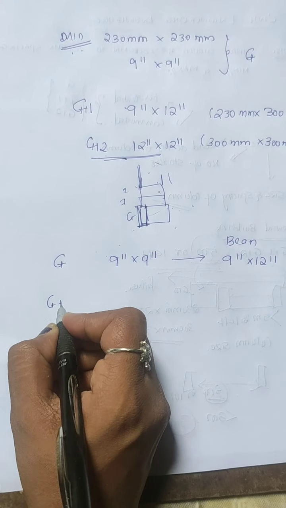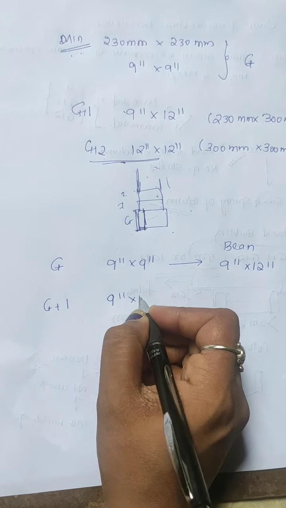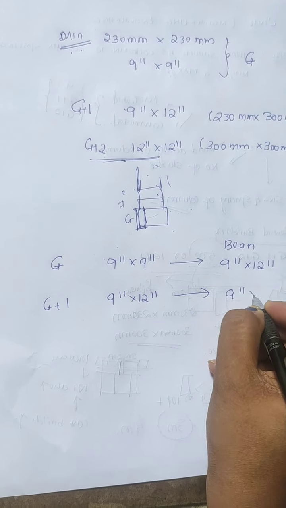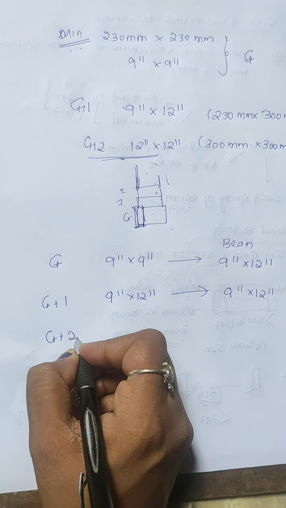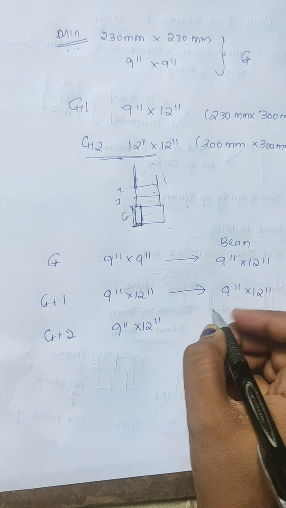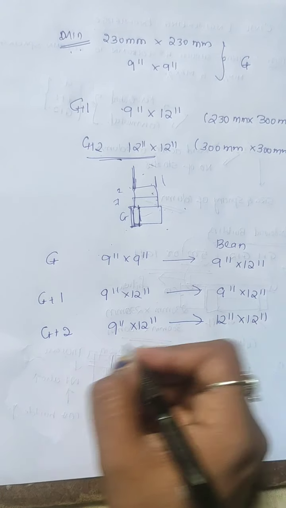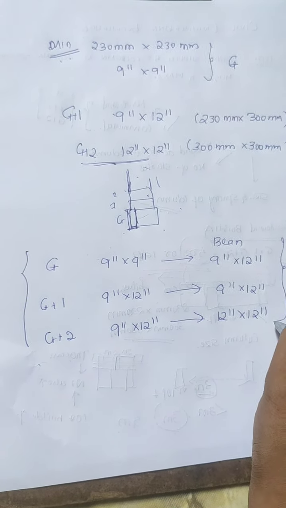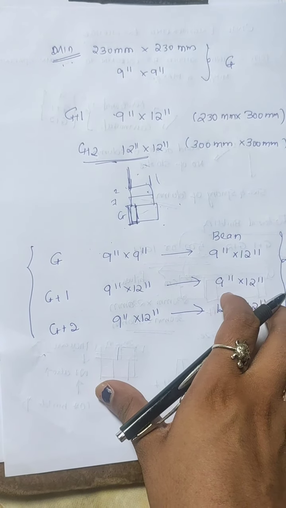If it is G plus 1 and you are considering a 9 inch by 12 inch column, in such cases you can use the beam as 9 inch by 12 inch. In case of a G plus 2 building, if you are using a 9 inch by 12 inch column, you can use the beam size as 12 inch by 12 inch. So these are some of the examples. This is the minimum you need to adopt.